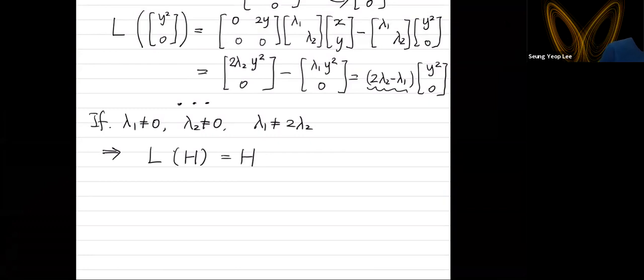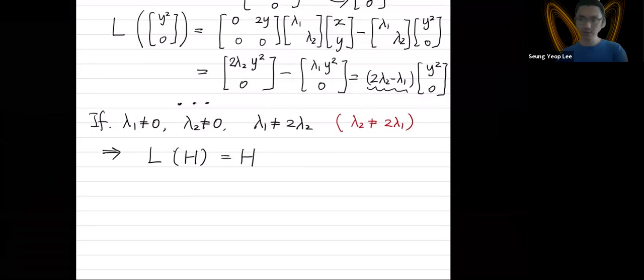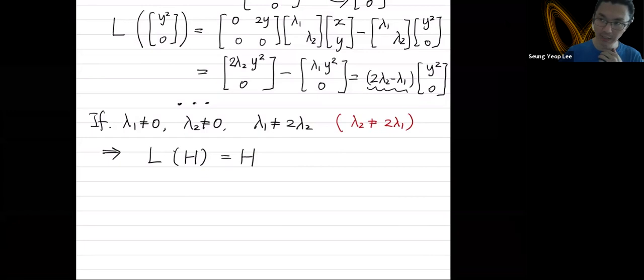Actually, by the symmetry, you also need lambda 2 is not equal to lambda 1, which comes from the second component. If these conditions are satisfied, then L of the space H can generate any vector in the capital H space, which means quadratic terms can be removed from the equation.